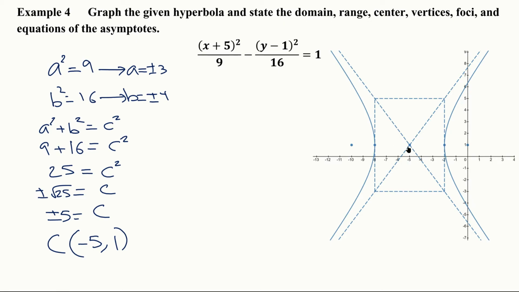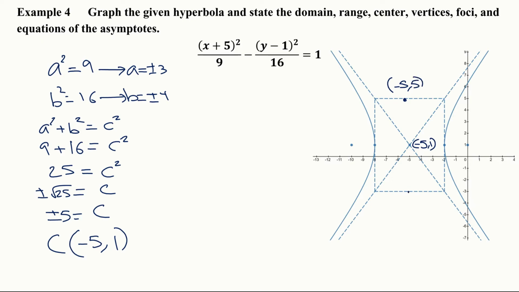Now remember, you know what this point is here, right? That's negative 5, 1. So what happens when you go up 4 units? Let's say I want to look at what that point is, for instance. It's easy because you go to the same x value and you add 4 to the y value. So that'll be at negative 5, 5, for instance.